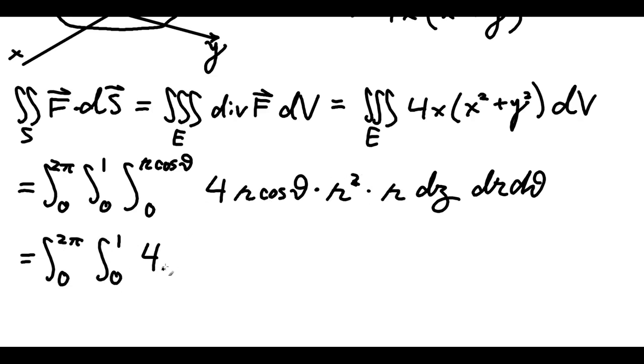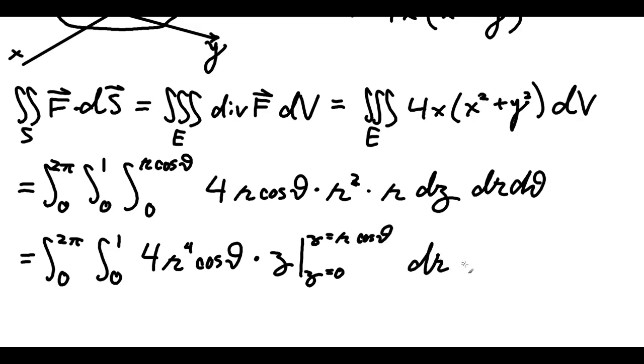We get 4r to the 4th cosine theta times, so we're integrating, this is constant with respect to z, so I can pull that out, integrating there, so we get z evaluated from z equals 0 up to z equals r cosine theta, dr d theta.